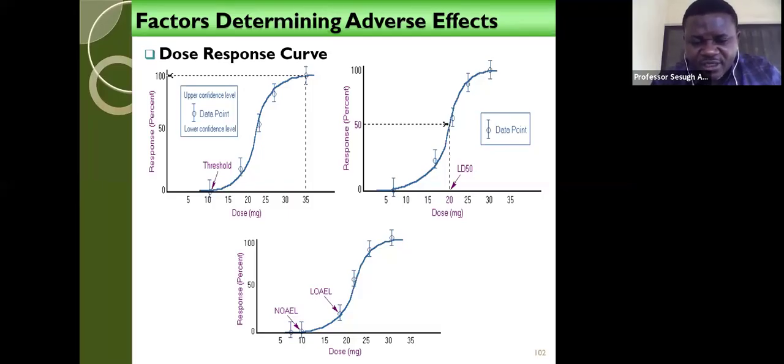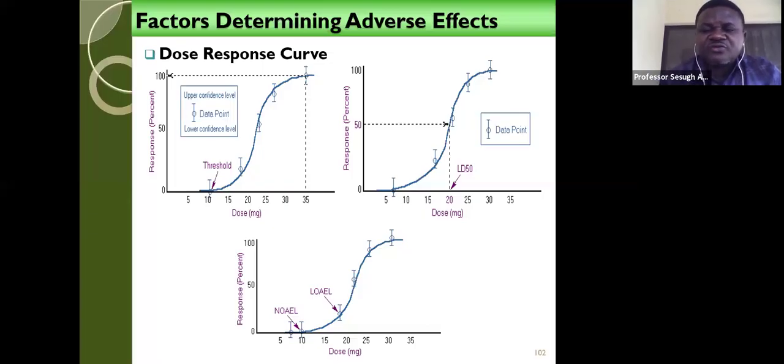So if you come here, you see at 10, no observable adverse effect level. If you move up, this one is the lowest, and then this should be about the highest, because by the time you are getting to the top, the curve is becoming flat, meaning that it does not matter how much of it you apply, it will not change anything.